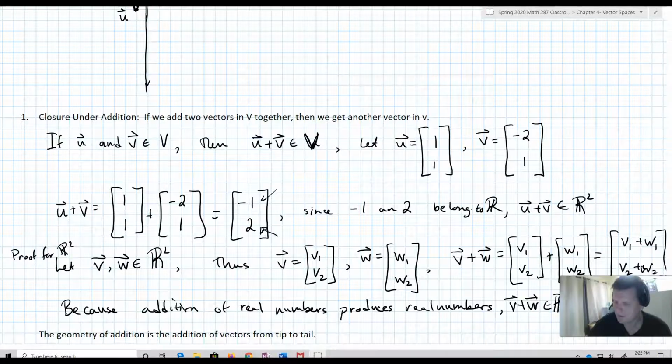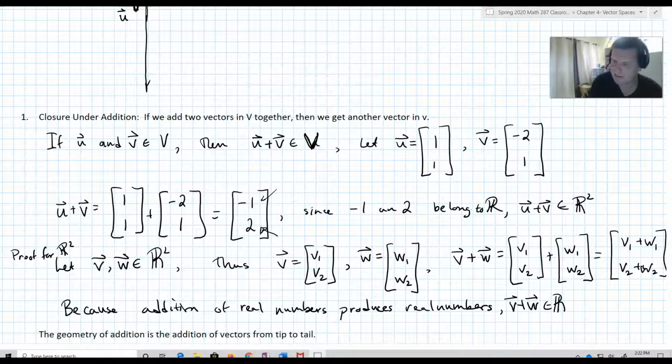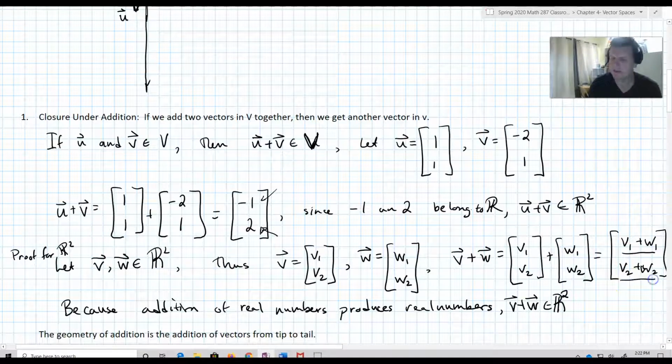V1 plus W1 belongs to R, and V2 plus W2 belongs to R. Both of these belong to R, so we have a duple, 2 values made up of values in the real number line, and consequently, we have a vector that's in R2.